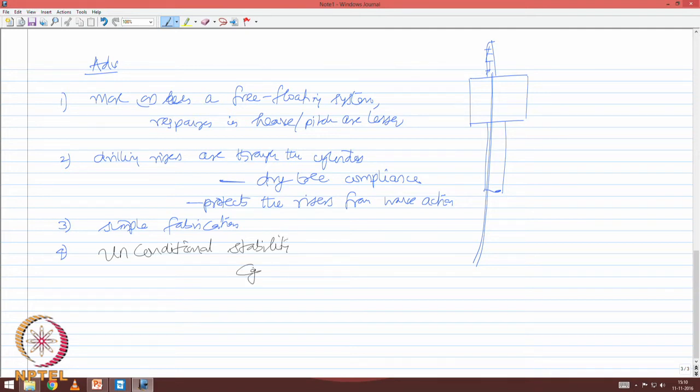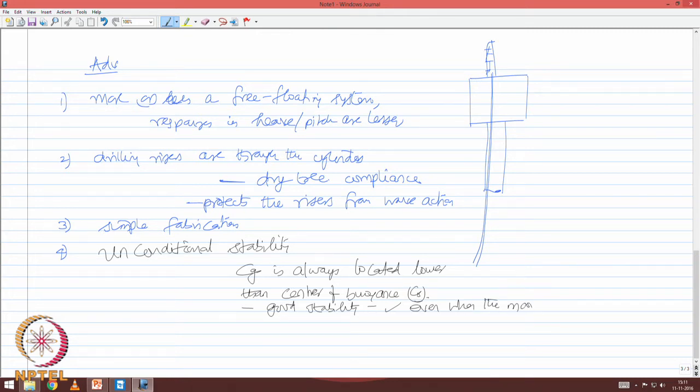Because the mass center is always located lower than the center of buoyancy, which ensures good stability. In a sense, the stability is ensured even when the mooring lines are disconnected.